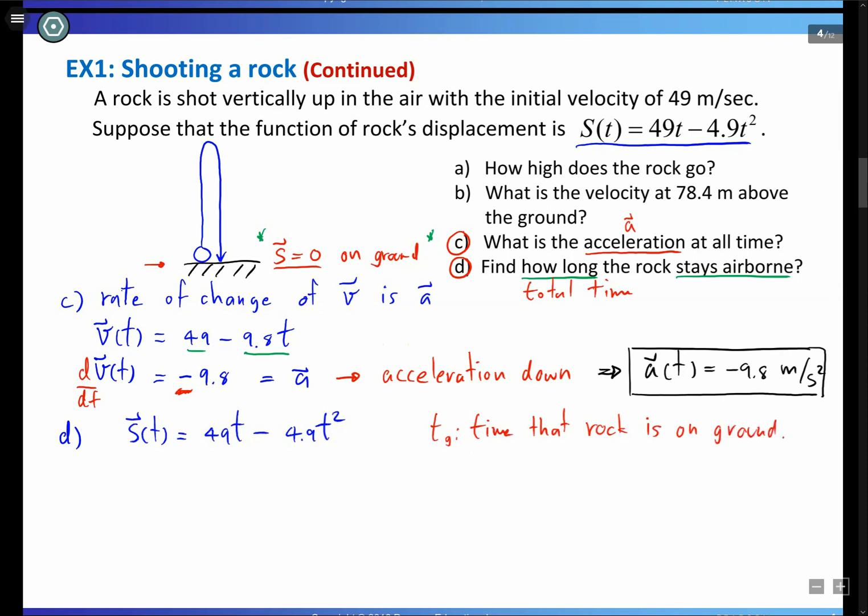Now we solve for Tg, and let's do that over here. Displacement S at Tg, the time on the ground, equal to 49 Tg minus 4.9 Tg squared. Now let's take a look here. This is the displacement when the rock is on the ground, which means that it has to be equal to 0. And when you see this, you know it's on the ground.